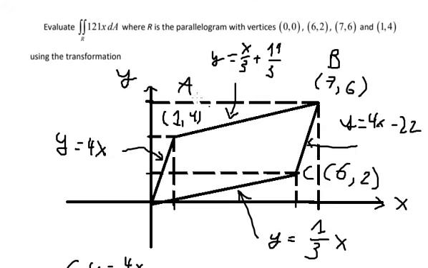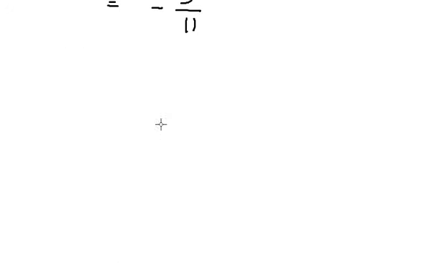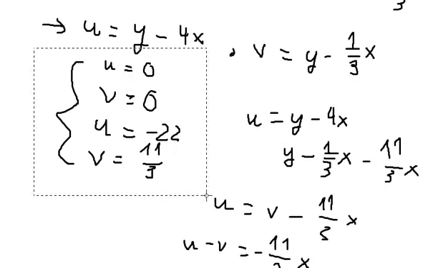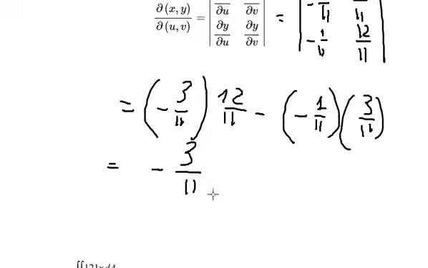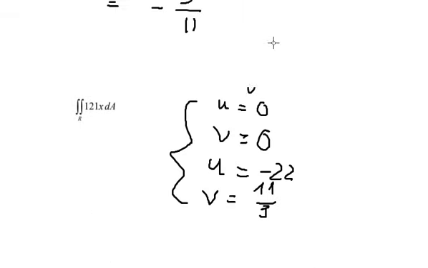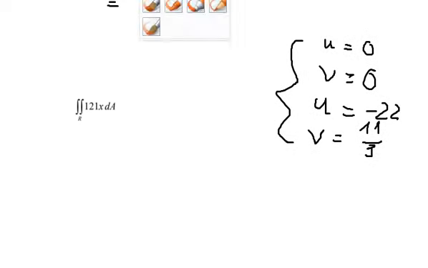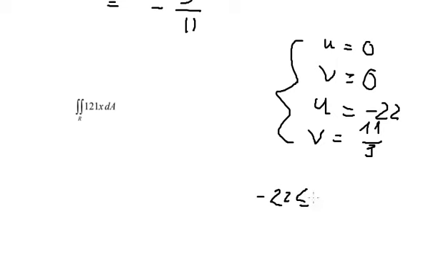Now we have this double integral. We have the bounds. About u, that's from negative 22 to 0.